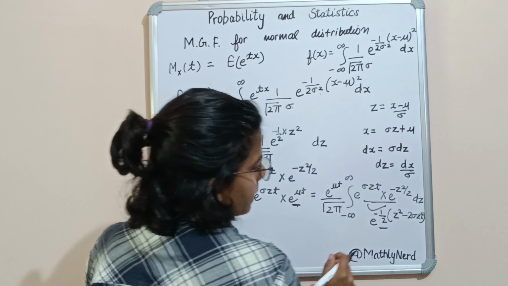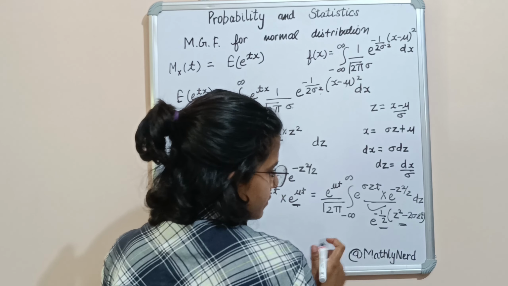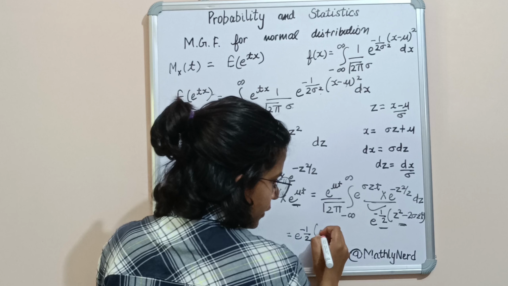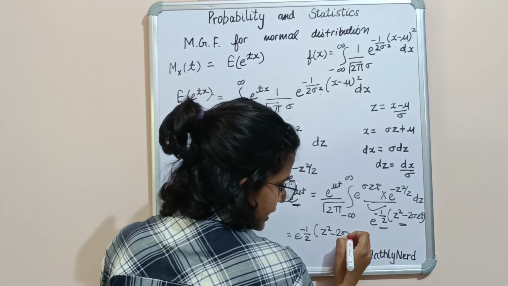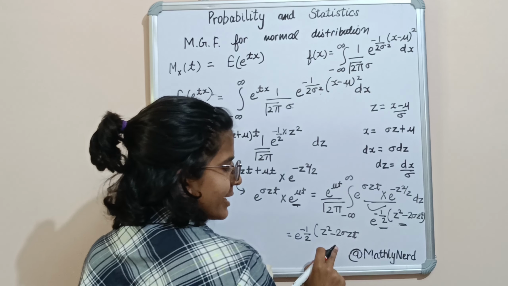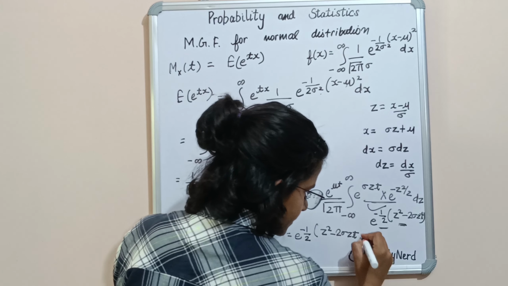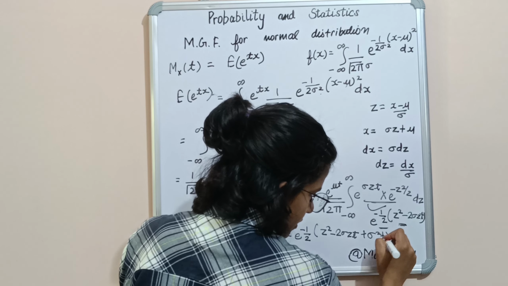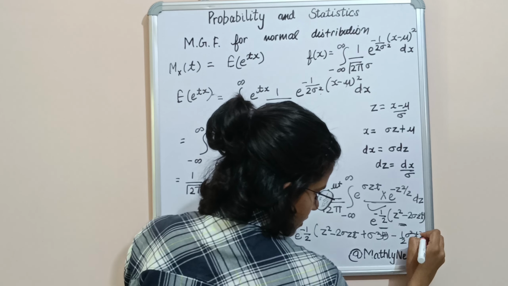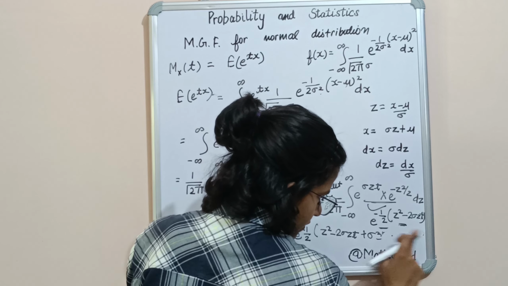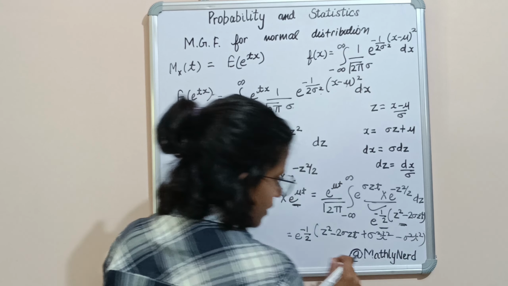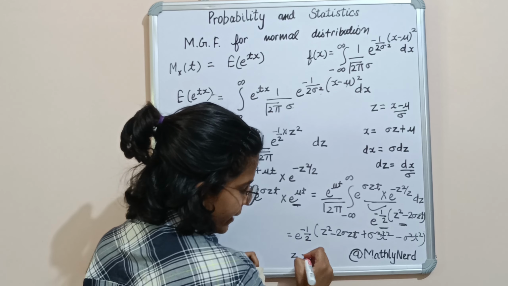Now, if we want to make this a whole square, e raised to power minus 1 by 2 into (z square minus 2 sigma z t), we add and subtract sigma square t square: sigma square t square minus sigma square t square. Now, this is the whole square of z minus sigma t.